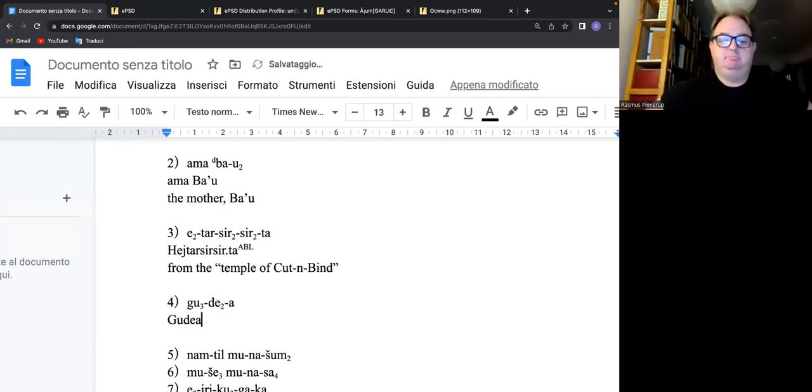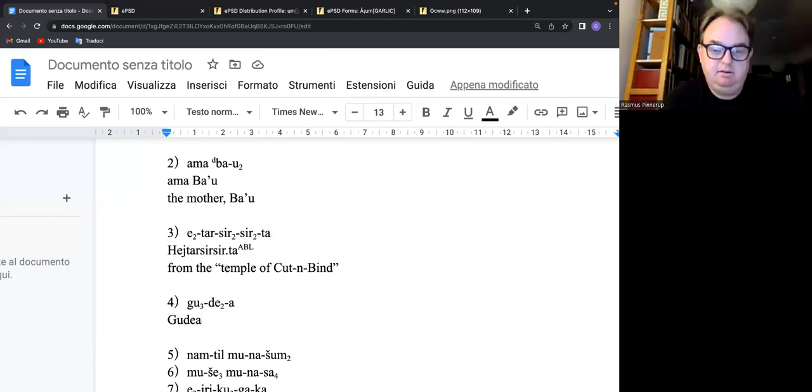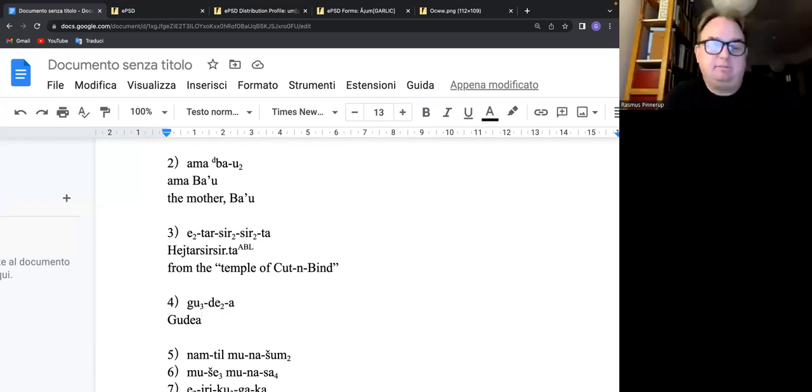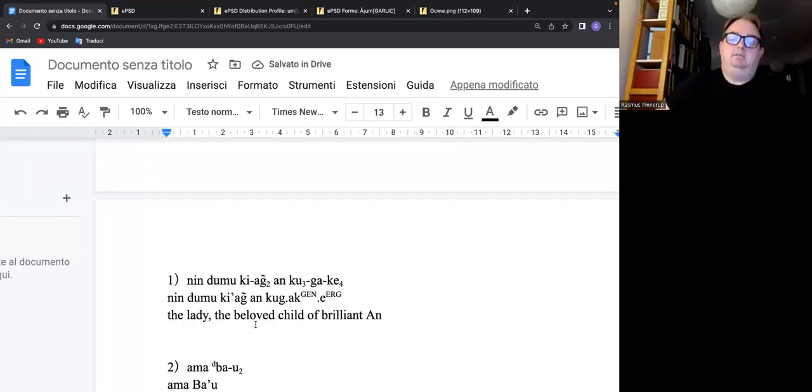So that's pretty straightforward. Is it? Gudea. But it does need a grammatical case. Yeah, there's probably an ergative lost somewhere. But we already have our ergative in the first line. Yeah, you're right.